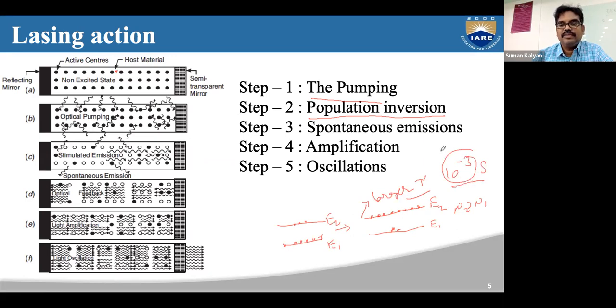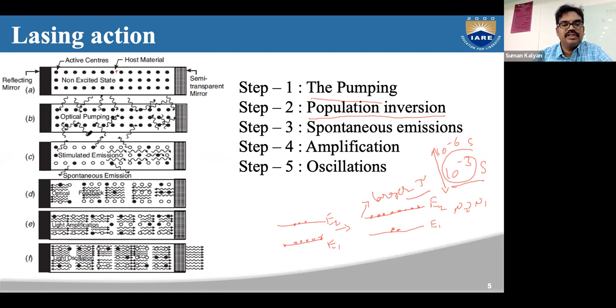The minimum is 10 power minus 6 seconds, that is microseconds. In between these two time scales, the atoms emit photons and move back to the lower energy state because of spontaneous emission. This is the third step.